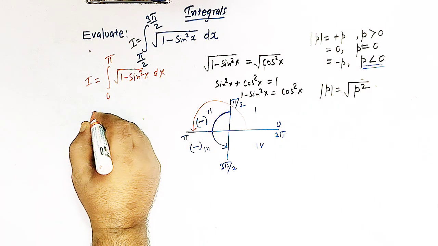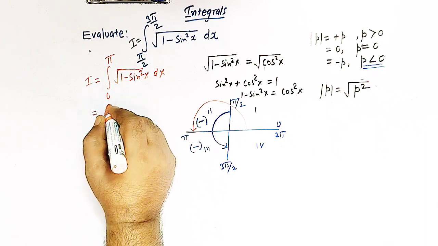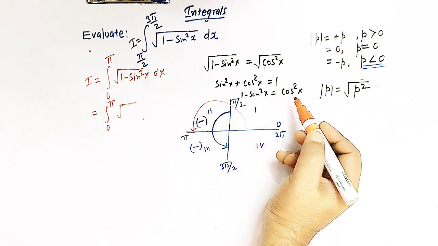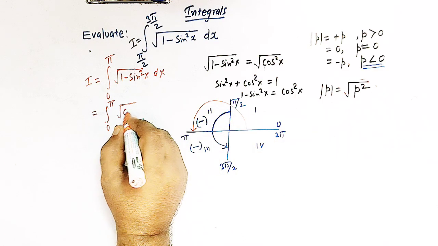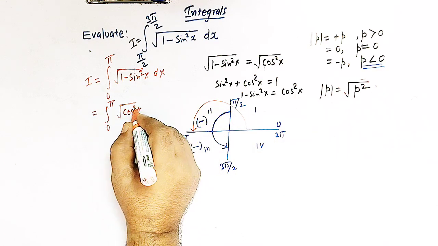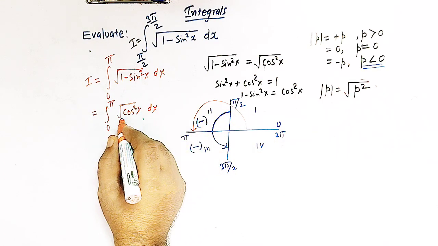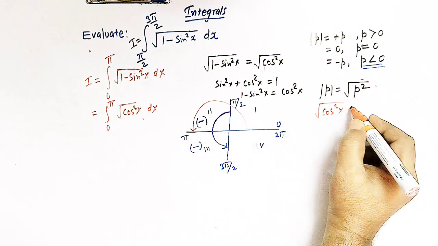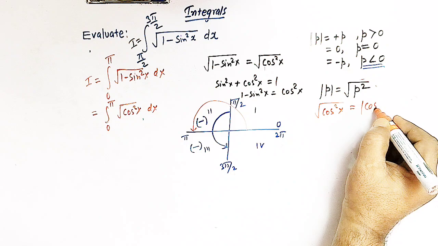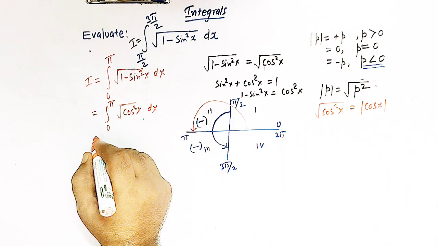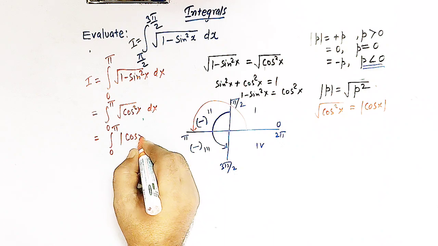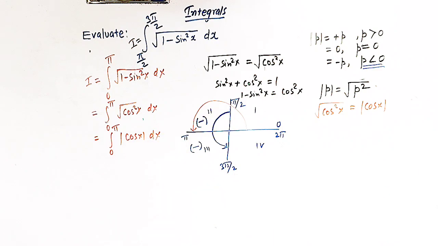So now we can write this integral as 0 to pi, and here 1 minus sine square x can be taken as cosine square x, and here we have dx, right? So square root of cos square x is the absolute value of cosine x. So here we have the integral from 0 to pi of mod of cos x dx, right?